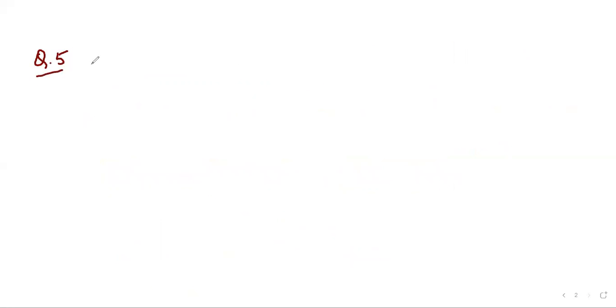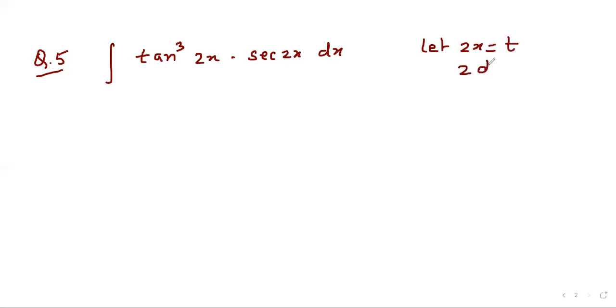Question number 5 says, we are given integration tan cube 2x into sec 2x dx. Let 2x equal to t, so 2 dx equal to dt or dx equal to half dt.